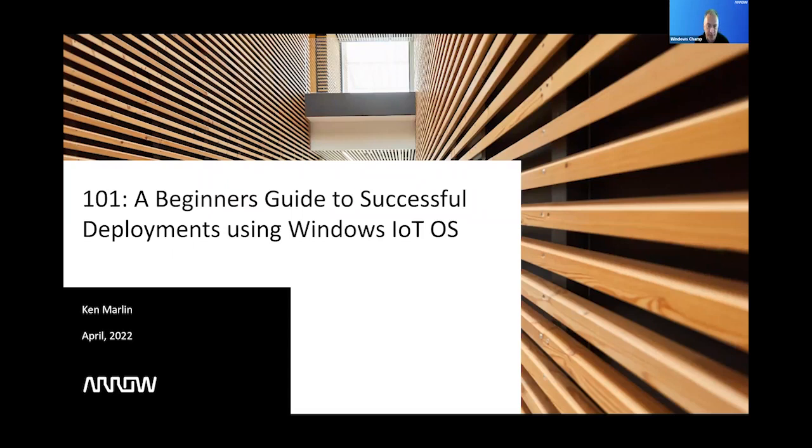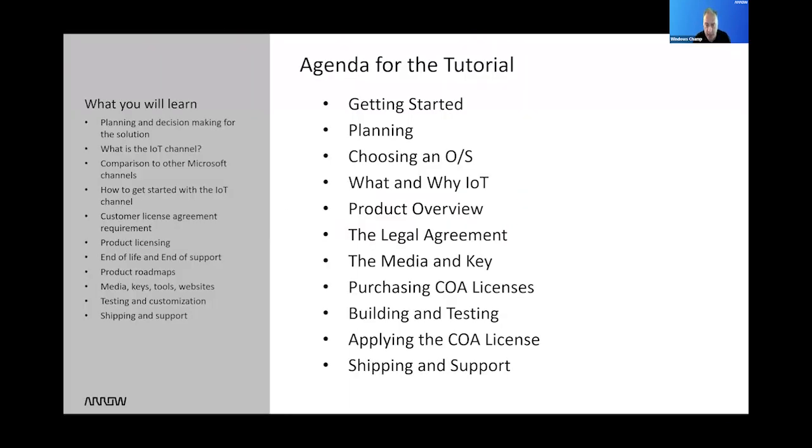Awesome. Well, thank you for taking the time. Again, 101, A Beginner's Guide to Successful Deployments Using Windows IoT OS. And we will jump right into it. From the agenda perspective, we're going to take you through getting started, planning out your OEM appliance, choosing the proper operating system. We'll talk about what is IoT and why you would want to use it, a little bit of product overview.